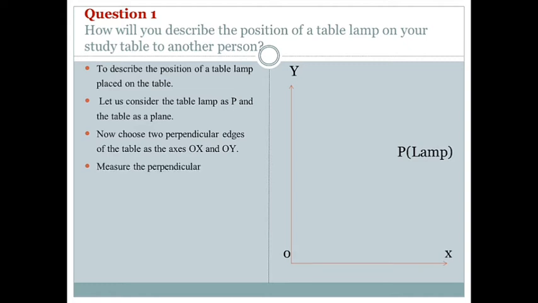Then measure the perpendicular distance a centimeter of the lamp P from OY. So now from axis OY we will measure the perpendicular distance a centimeter from OY to P, which is perpendicular to OY.